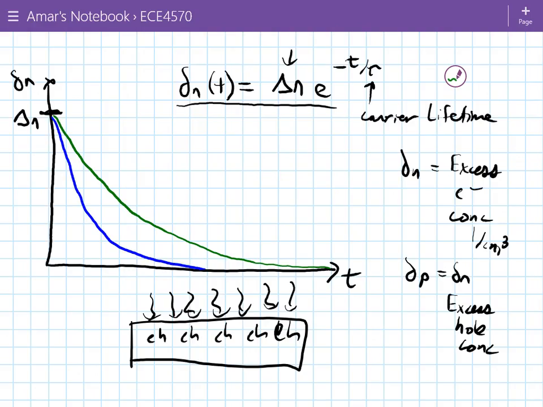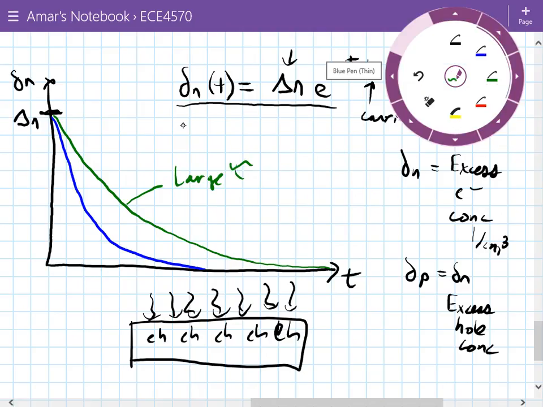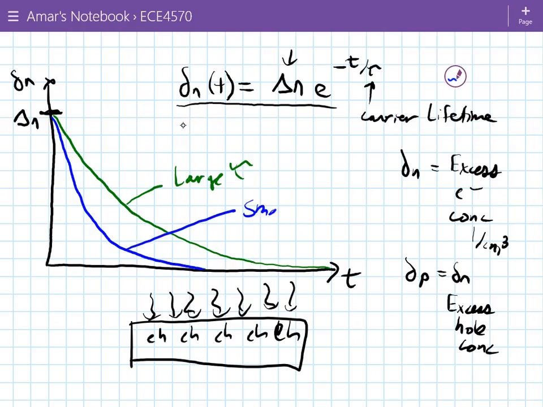The green one has a longer carrier lifetime. It takes a longer time for these carriers to decay, to die out, to recombine. So this is an example of large tau, and this is an example of small tau. This is so you understand the importance of tau in the denominator here.